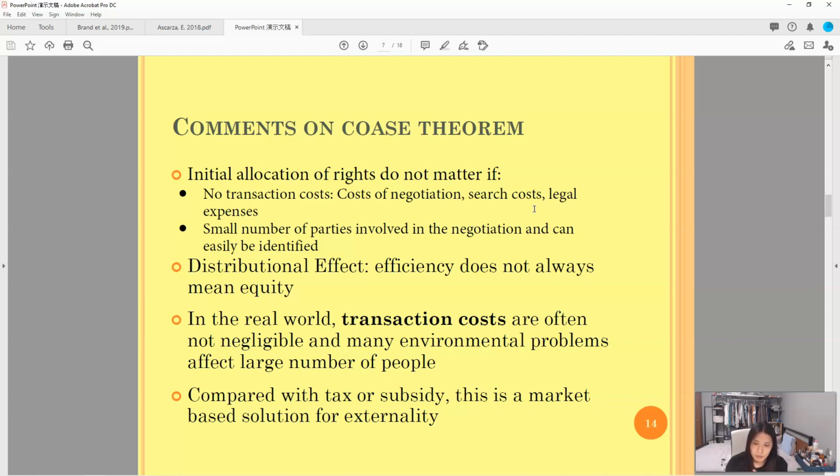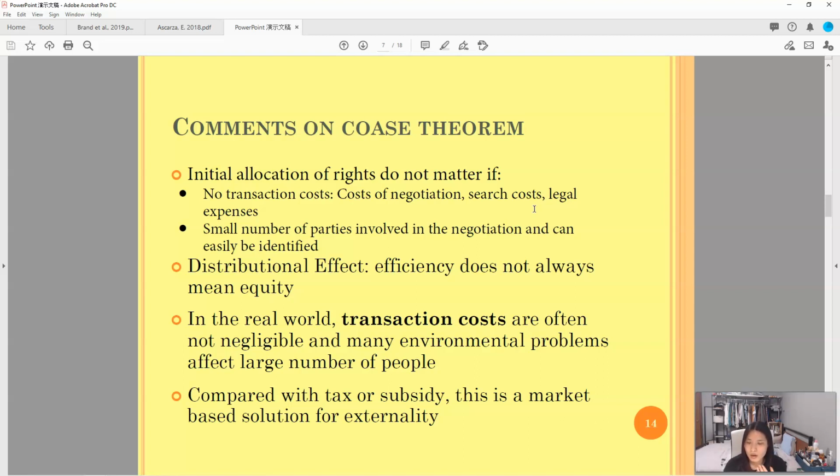Like the 2 examples I will cover in this video, we just have 2 parties involved in the negotiation, and there are no transaction costs.